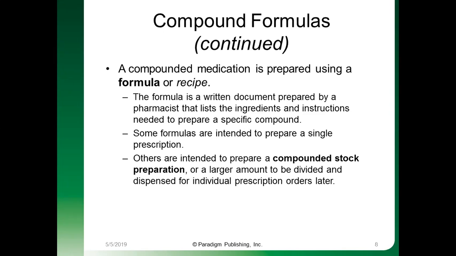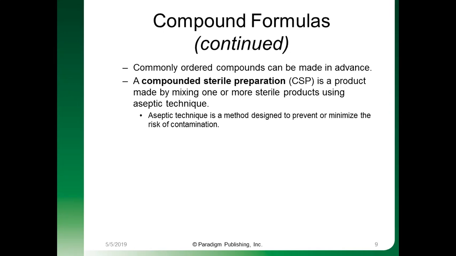So in instances where I worked before in the hospital setting, we had to compound that medication that we have in tablet form into syrup for children that come into the hospital with the flu. Tamiflu, the stomach flu, that's what it's used for. Compounded ordered compounds can be made in advance.